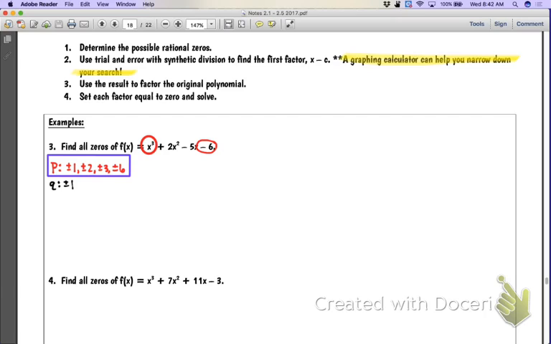Heck no. So, what do you have to do? Well, you've got to go to your graphing calculator, and let's make this a heck of a lot easier for ourselves. So whenever we do that, all we're going to do is just basically type it in. We know that we have 1, 2, 3, and 6, positive and negative.